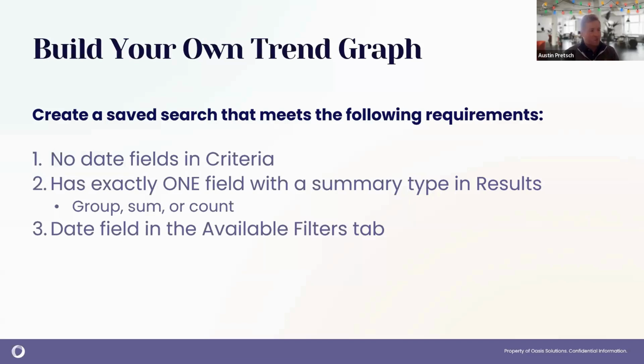It has to have exactly one field with a summary type in results. And thirdly, there's a date field in the available filters tab. So with those three things, you'll be able to use your own saved search with your own criteria. So again, it could be certain customers, timeframes. If you want to look at a specific region, you just have to have these three criteria. So I'll show you an example.